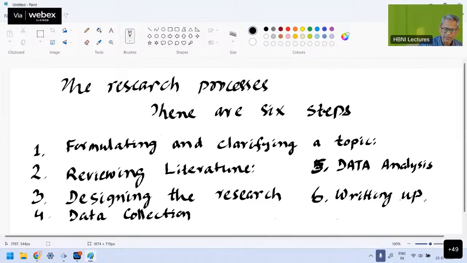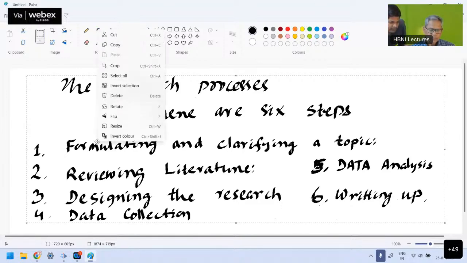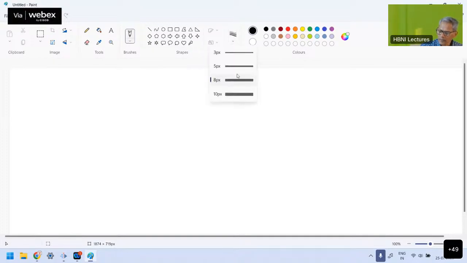Certain factors you must always keep in mind while doing research. The first thing is research bias.